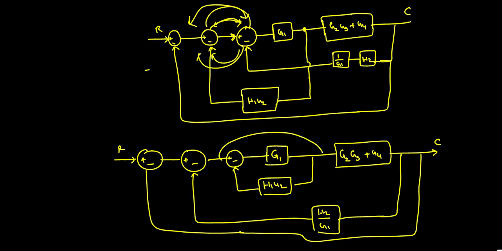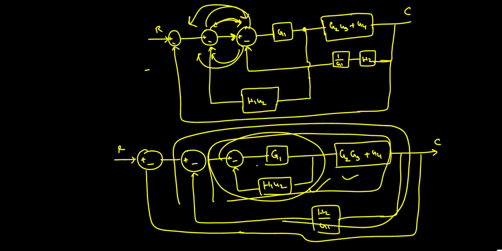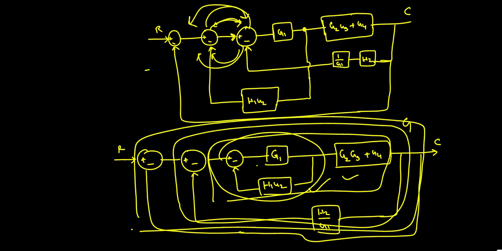Now this forms one particular G by 1 plus GH form. This will come as one block diagram, and this and this and this will be in cascade. So this forms one more block diagram, and all this is coming in 1 by 1 plus GH form. This is coming as one transfer function. Again this will come as 1 by 1 plus GH form.